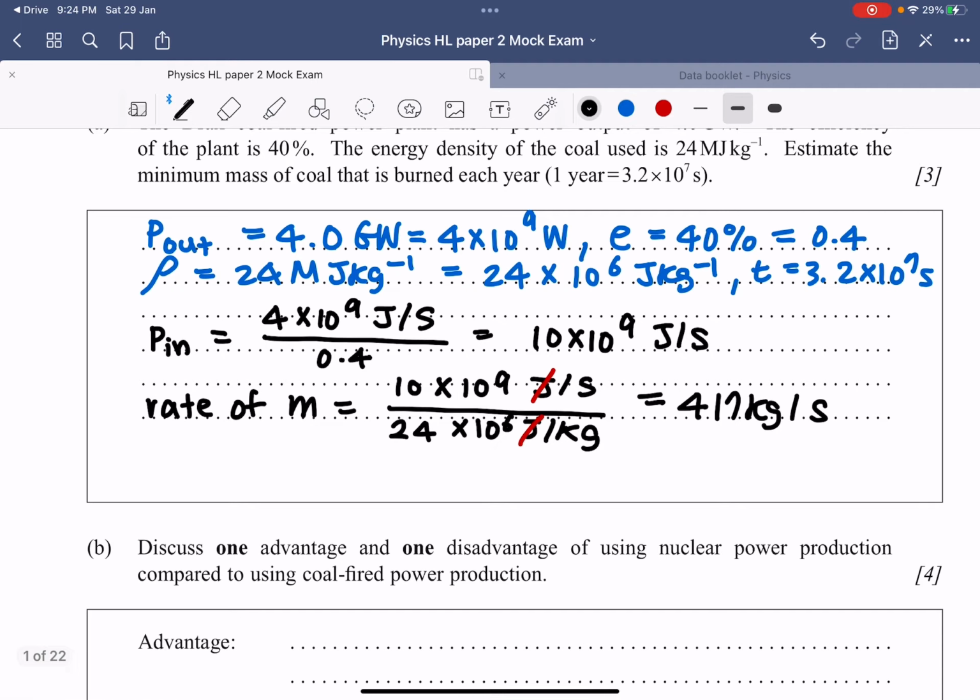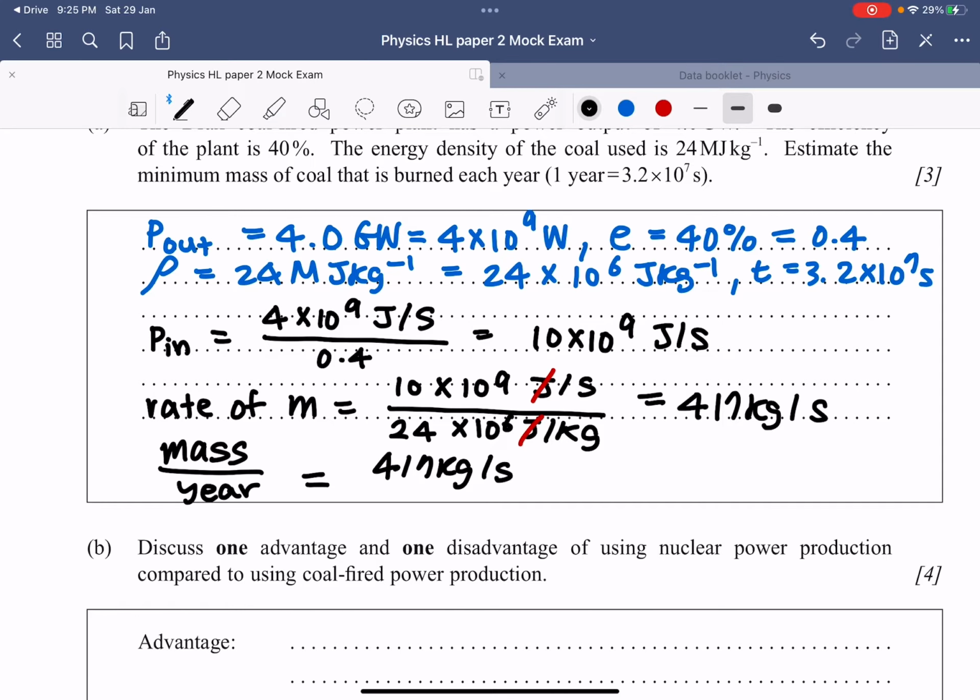And the next step will be, what is the question asking us? It's the minimum mass of coal that is burned each year. Now we have to use the time that they have given us. So, mass per year is going to be 417 kilograms per second.